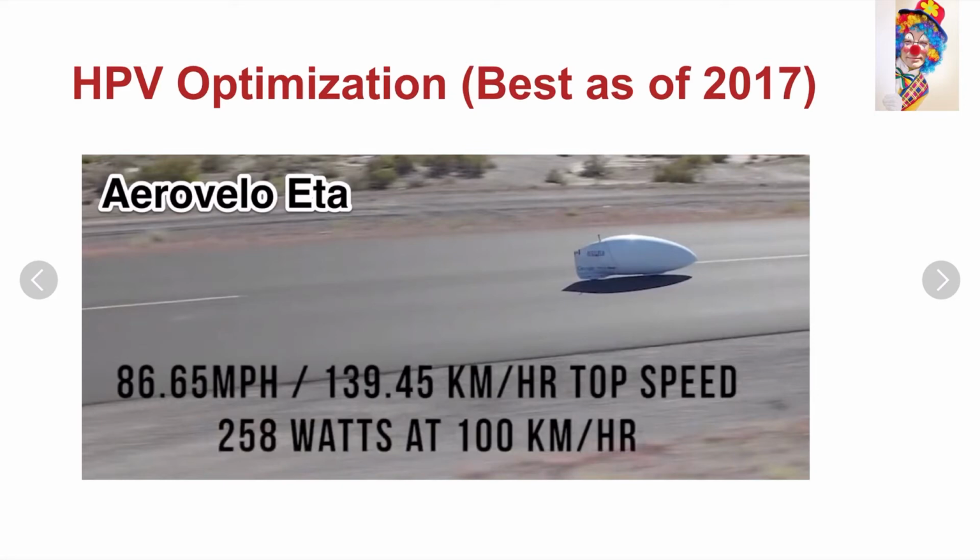This is from 2017, and this vehicle's name is Aerovelo Eta. The important thing is that just with human power, you can reach 140 kilometer per hour top speed, and the consumption for 100 kilometer per hour is only 260 watts. And this is really, really great.